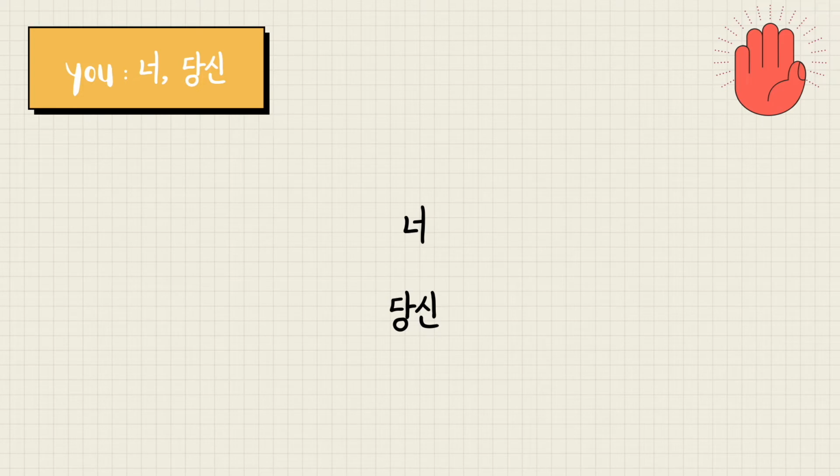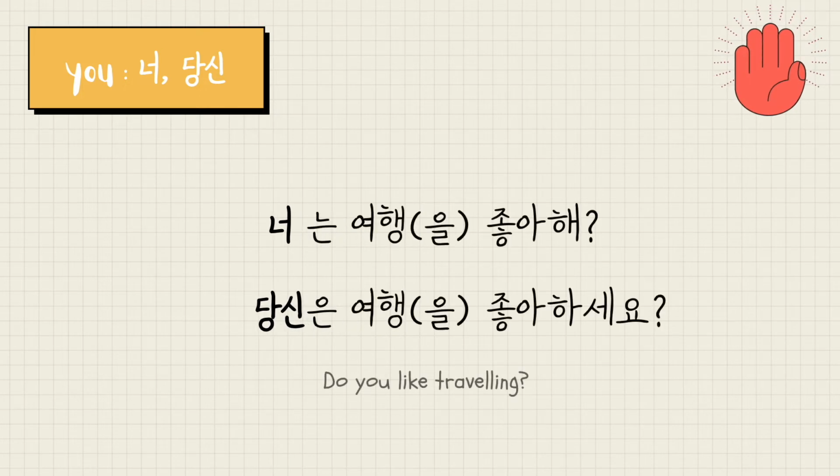너, 당신 are the words that you should be very careful with. 너는 여행 좋아해? 당신은 여행 좋아하세요? 너 should be used only to someone who is very, very close to you and also younger than you or similar age as you.